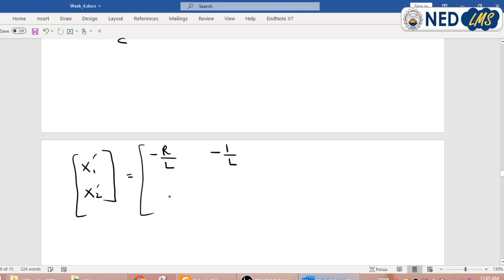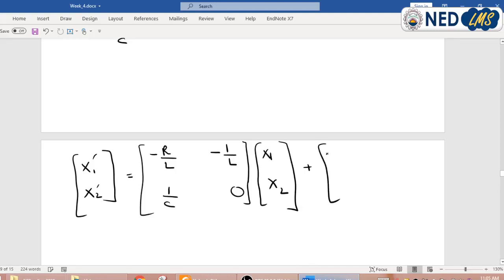Similarly for x2 dash, we have dependency on x1, 1 by C, and no dependency on x2. This is x1, this is x2, plus, and this is my x1 dash, it depends on u as well. This is 1 over L and this is not. So this is the state space representation.